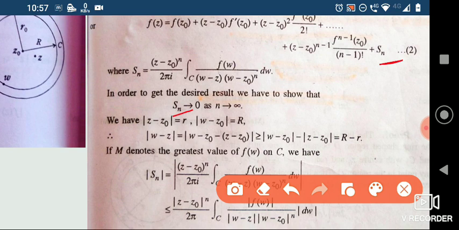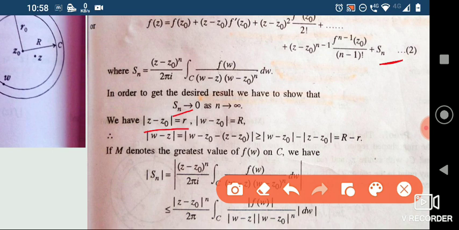We start with this z minus z naught. So modulus of z minus z naught is r, which was there from the beginning, right? This is for the smallest circle, that is the imaginary circle. We have radius r, and any point inside that circle will be z, and the center is z naught.